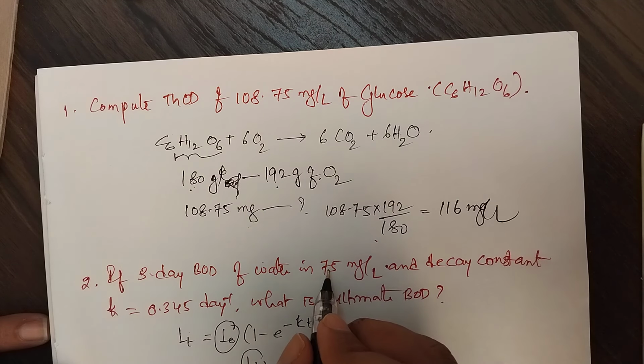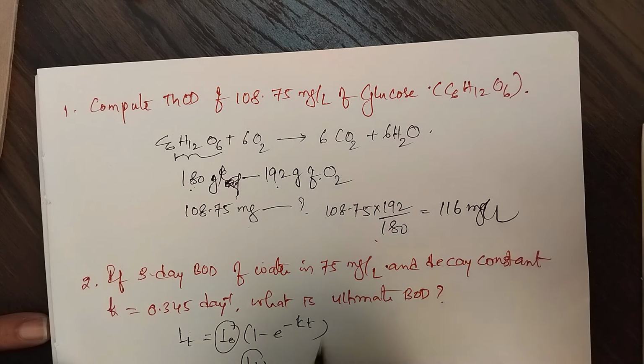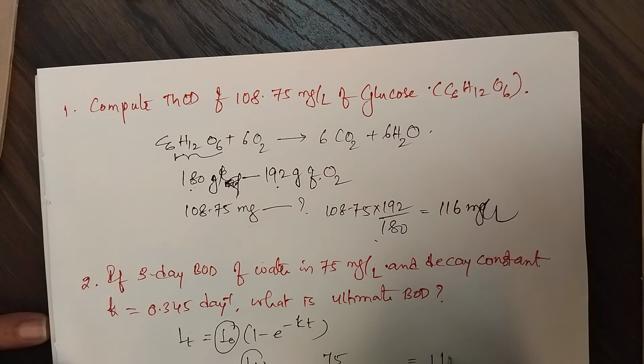LT value is given at time 3 days, that is 75 divided by 1 minus e power minus K value 0.345 into days would be 3. So you compute, you will get 16 milligram per liter.